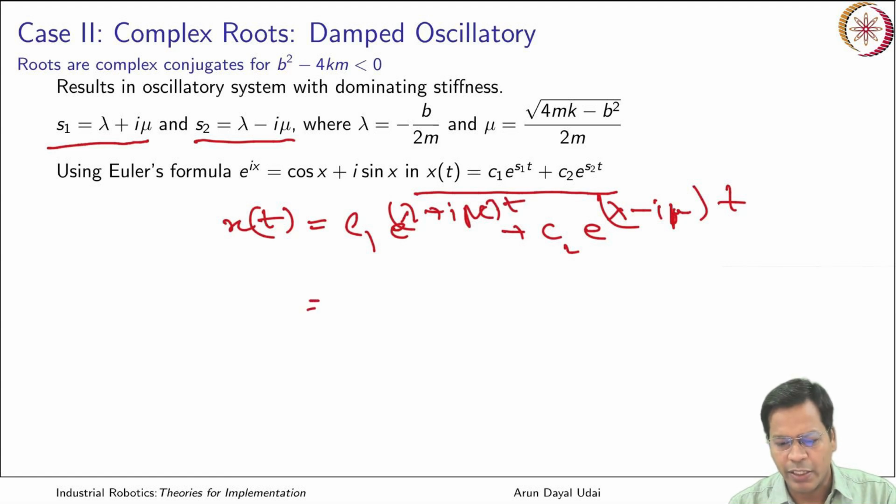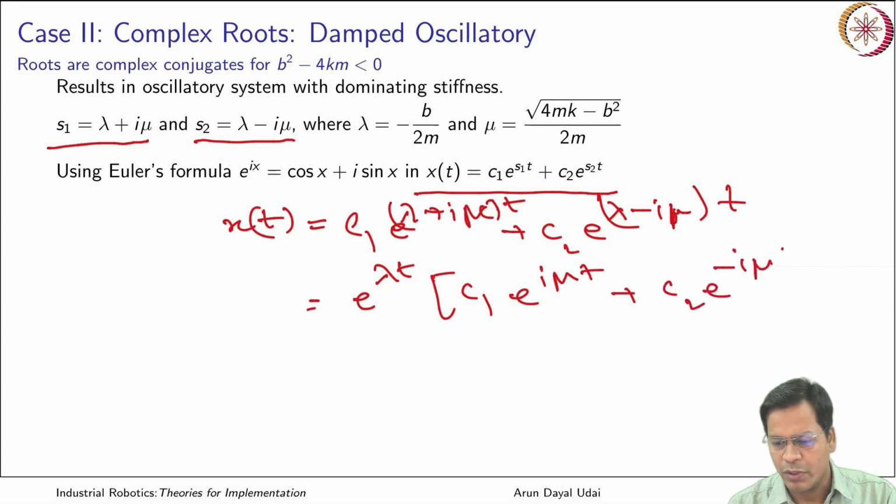So e to the power lambda t can be taken out, and inside you will have C1 e to the power i mu t plus C2 e to the power minus i mu t. That goes inside.